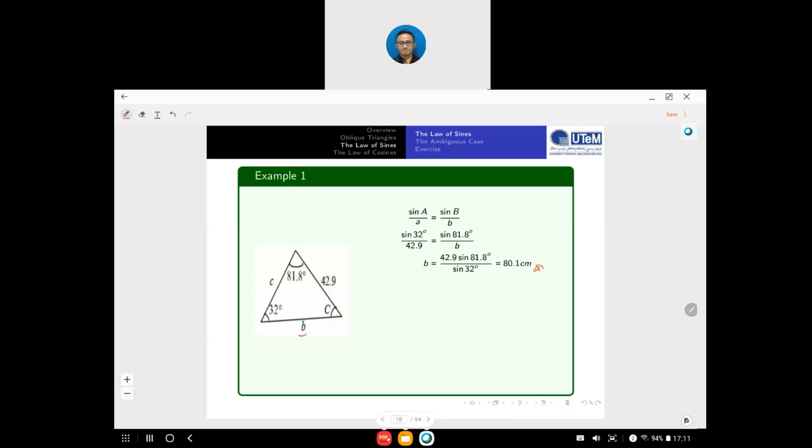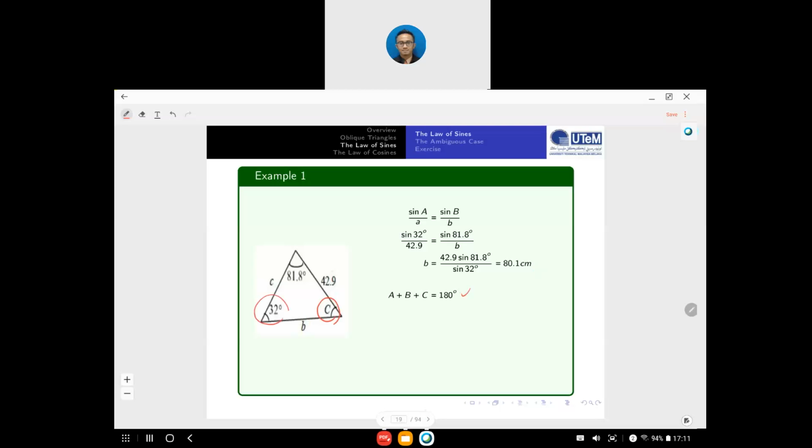Since you already have the value of B, we can find C. We know that the summation of angles in a triangle equals 180.